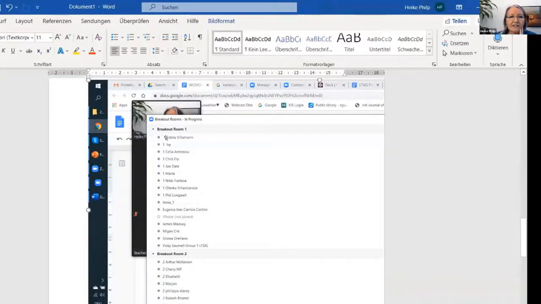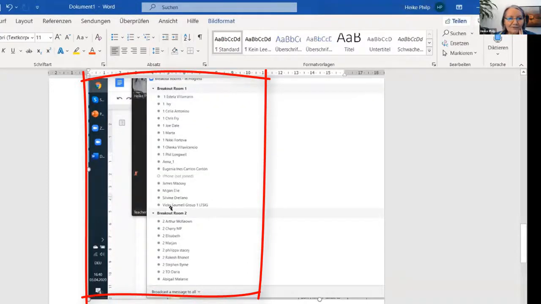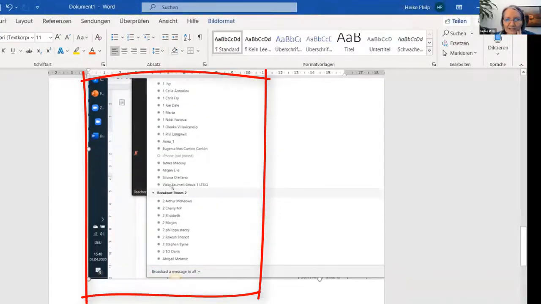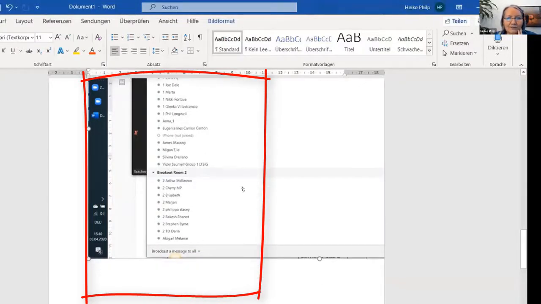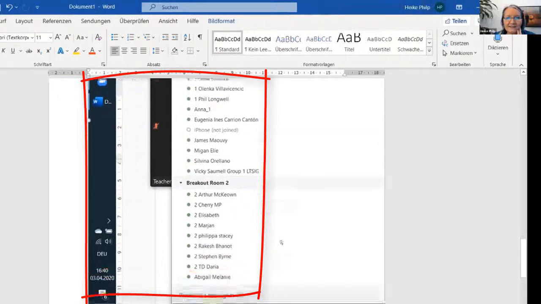Do you see the breakout groups that we had here? Because of the numbers in front of the names, I could put them in quite easily. We also had a couple of people at the bottom who mentioned, for example, Vicky Samal, group 1, so I was able to put her in that. Do you see this okay? I hope you're seeing this.